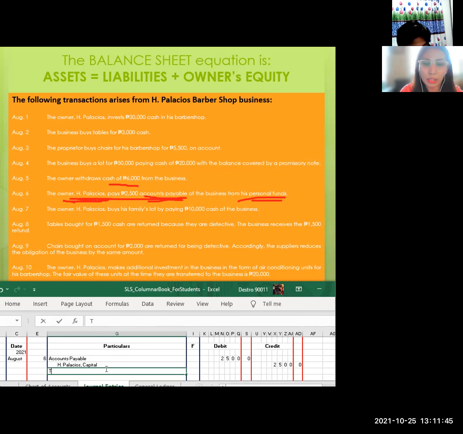And then explanation, every after entries, we have to record the payment of the owner using his personal fund on account.